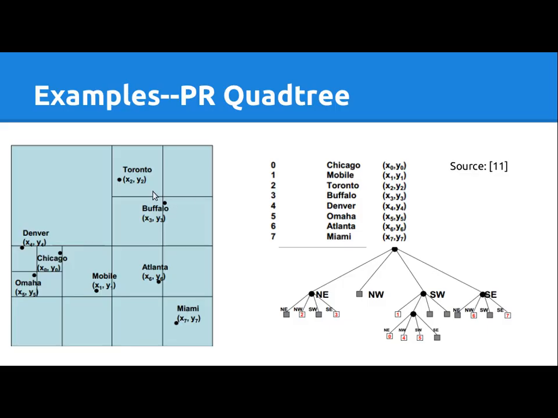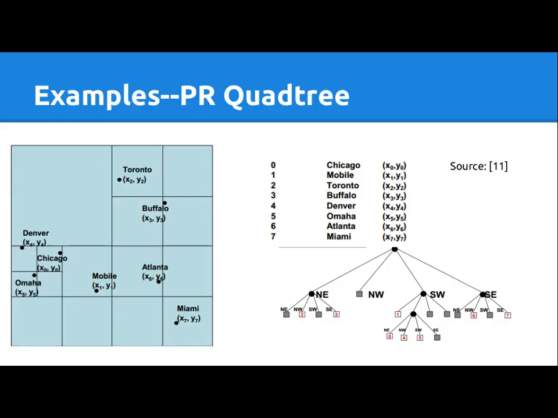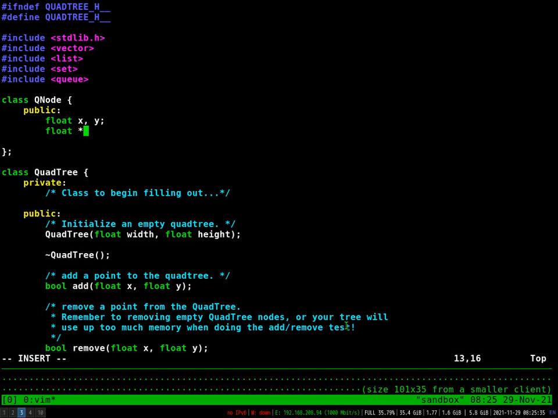Well, the float is an XY, right? So there's 2 floats. Probably should call it X and Y. Perfect. All right, and what else should it have?